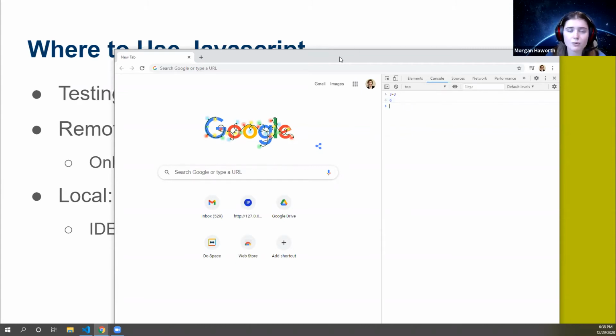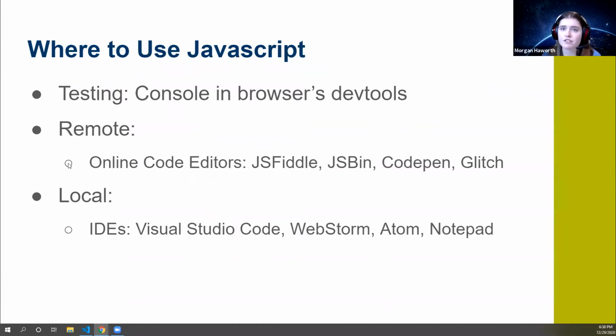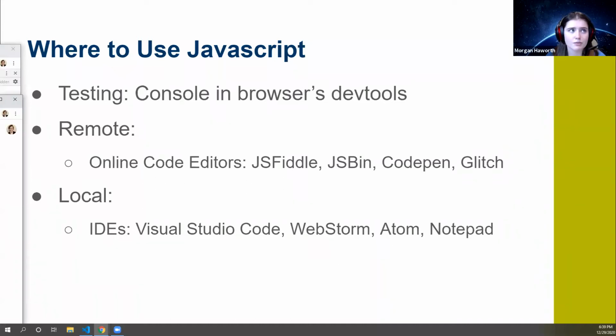But continuing from where to use JavaScript, if you want to use it online, so use some remote code editor on the internet, some good examples are JS Fiddle. So if we go to JS Fiddle, pull it up.